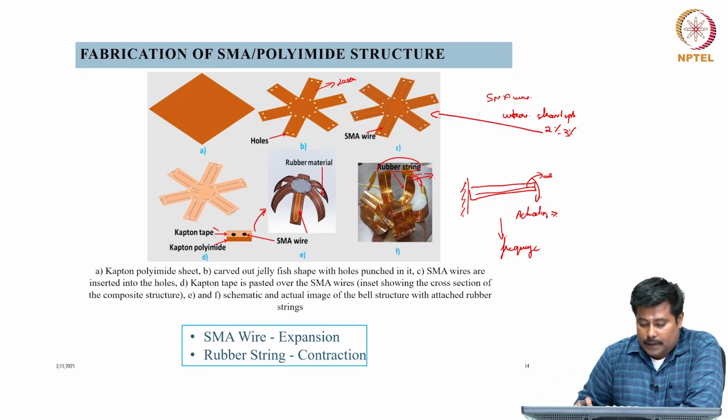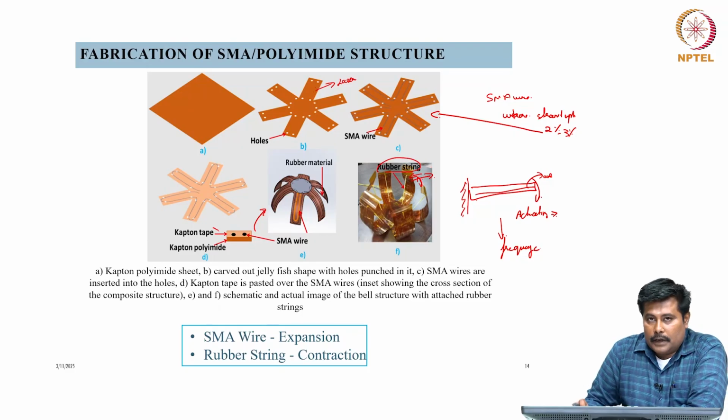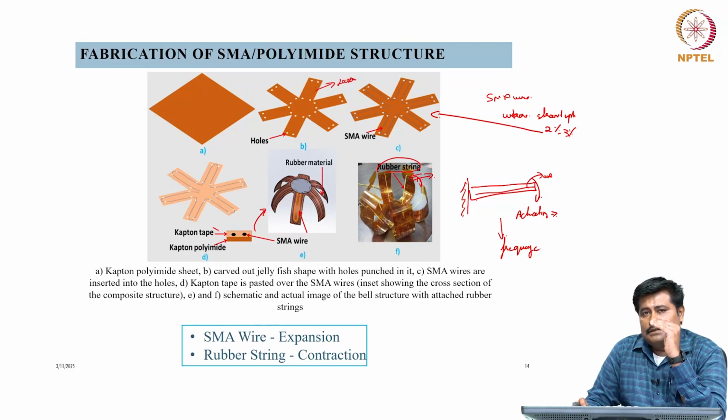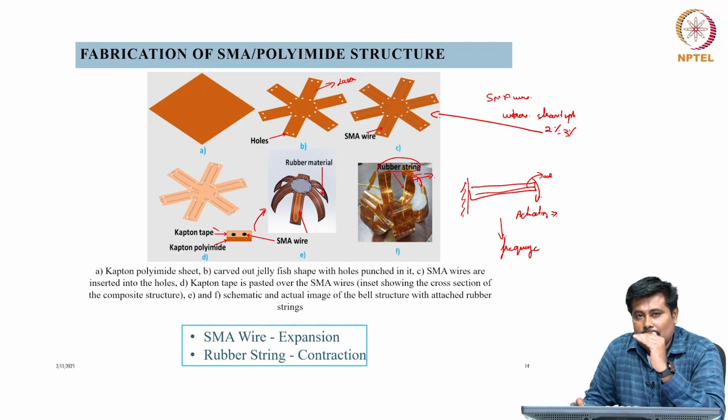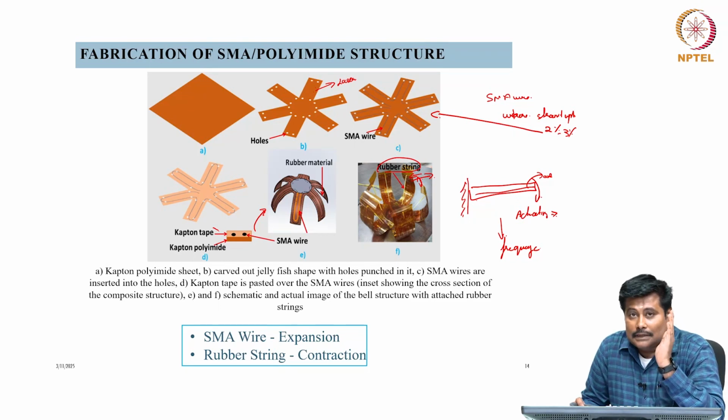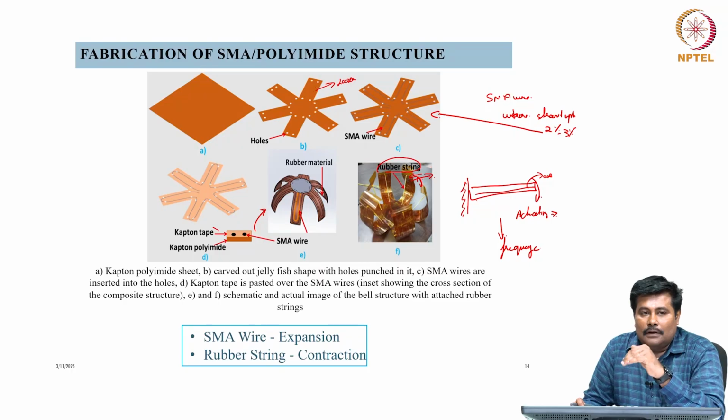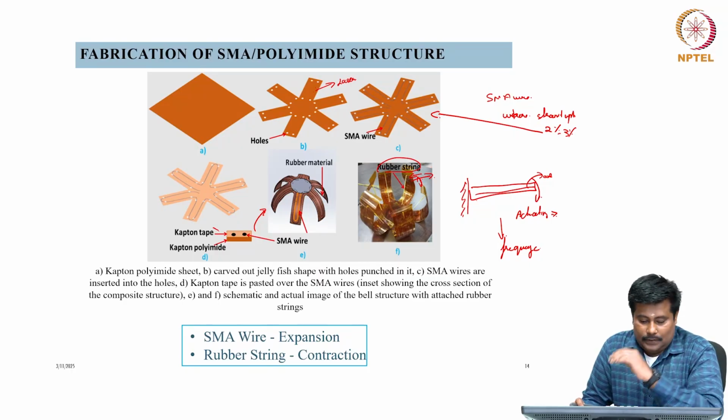In this particular case, one of the important aspects is, let us consider each tentacle of this SMA based jellyfish structure. The deflection in these jellyfish structures was analyzed in such a way that each tentacle of the structure is considered as a cantilever, and with reference to the cantilever the deflections were studied.